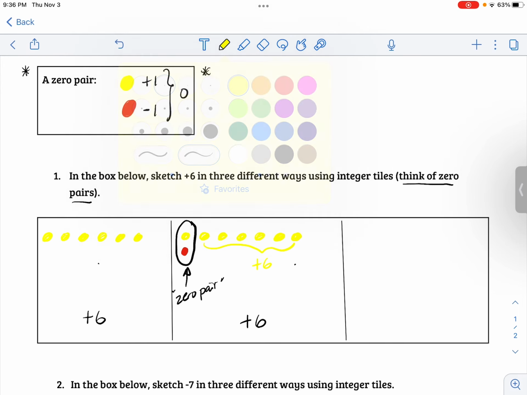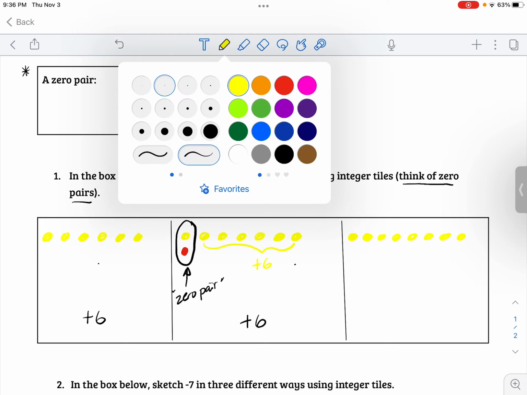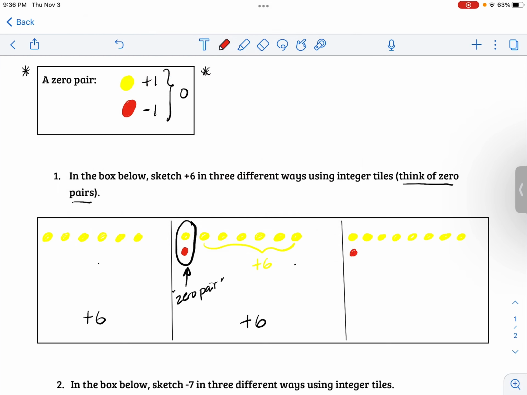I know I want 2 zero pairs, so I'm going to draw on purpose 2, 3, 4, 5, 6, 7, 8. And notice, I should point out too, you always circle out the zero pairs so that you're defining them clearly, and you know you're left with positive 6 here. Also notice the way I've been drawing the tiles.